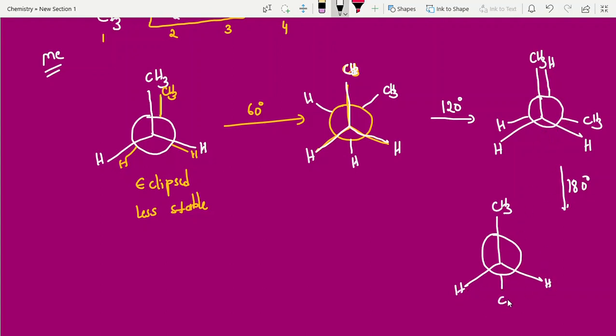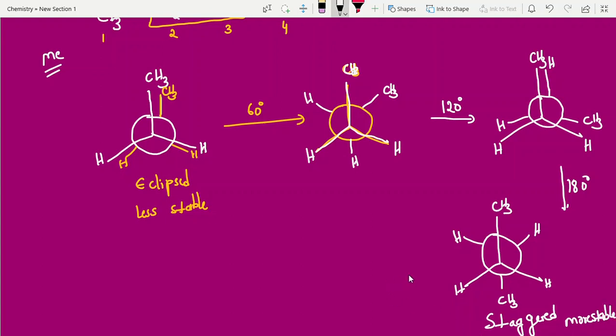Next, this guy is coming here, right or not? This is coming here, and this guy hydrogen coming here. This is exactly opposite. See, similar groups exactly opposite. What is this form? We call it staggered form. Staggered is more stable, less energy, right?